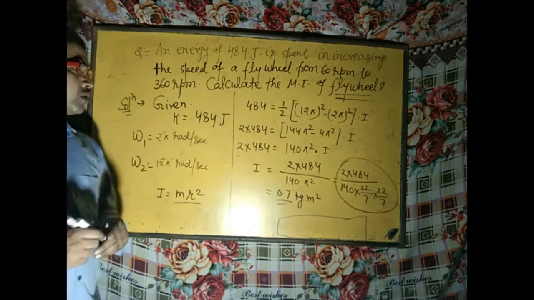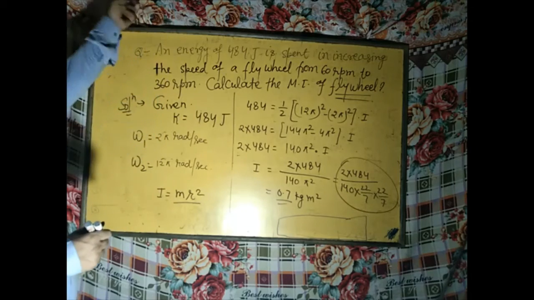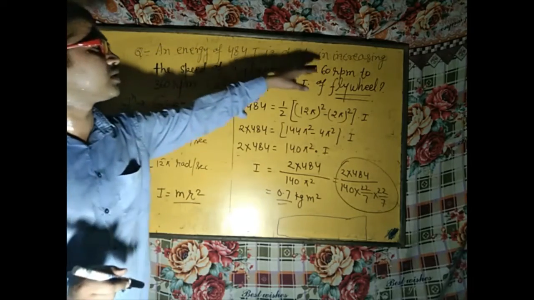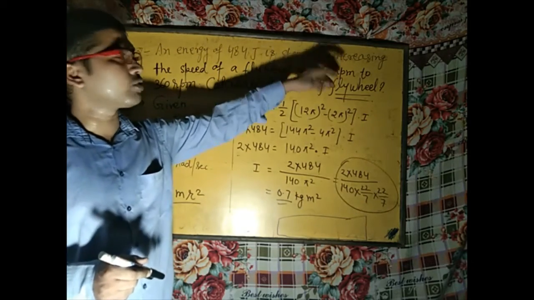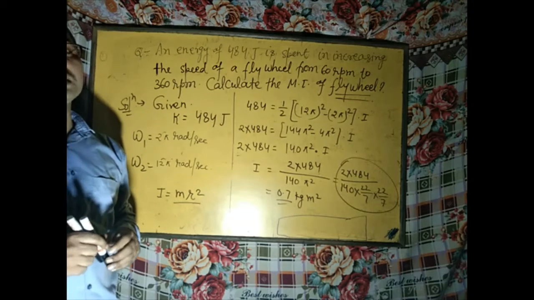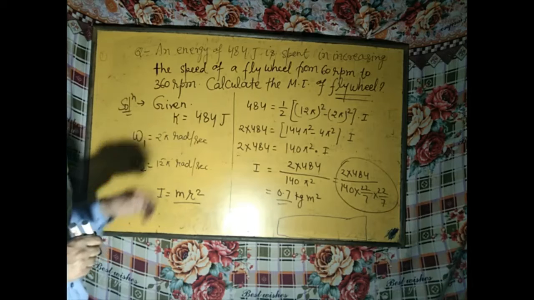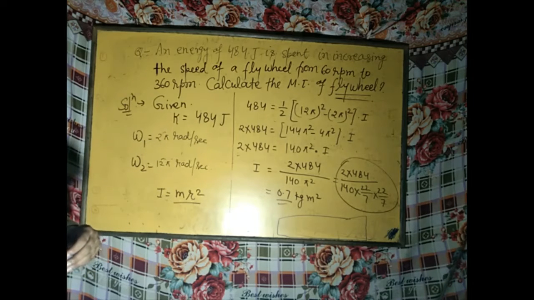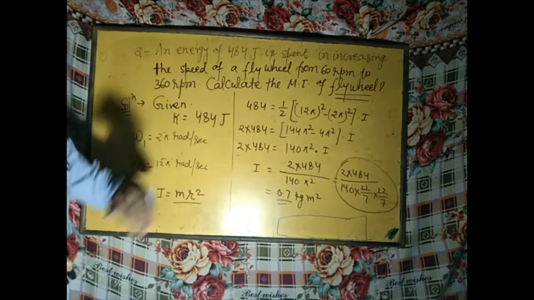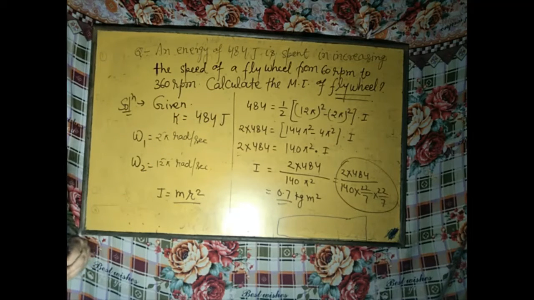So try to remember, if there is any change in velocity and energy is used to change the velocity of the system, I am talking about the angular velocity, then you can use the work energy theorem in that case. These types of questions we have also solved in case of linear motion, where some energy changes the velocity of linear motion of an object. Okay, so pause your video and try to note it down in your copy.